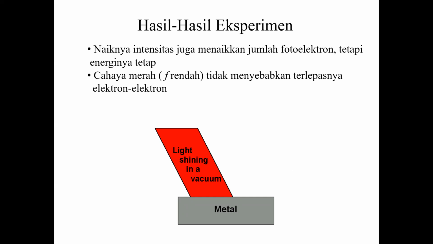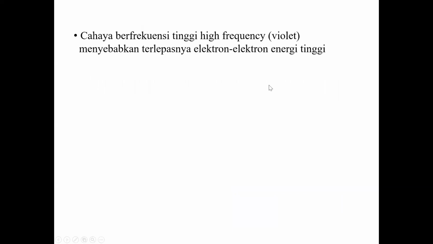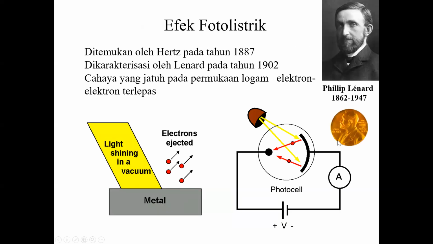The electrons are not excited and released from the atom, because red light has the lowest frequency. But light with high frequency, like violet, can, because we can detect the ammeter moving. So we can detect the current.